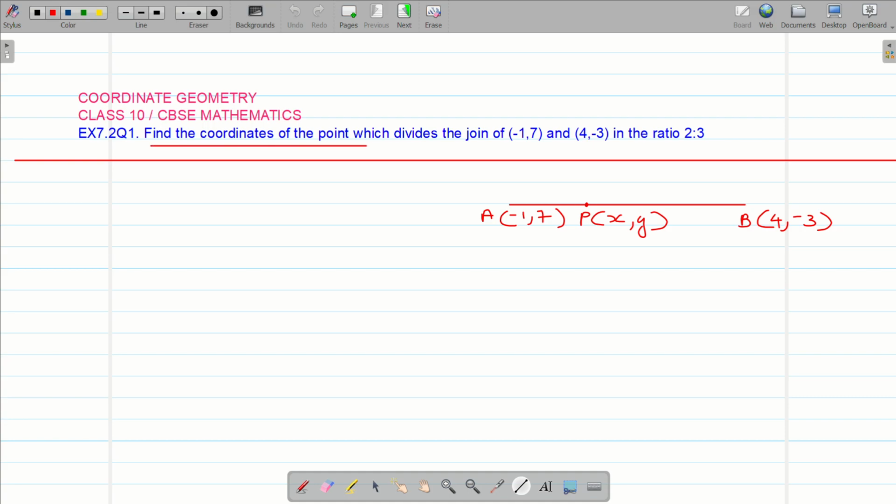Find the coordinates of the point which divides the join of -1, 7 and 4, -3 in the ratio 2:3. Question number 1. And here we are going to use the section formula.